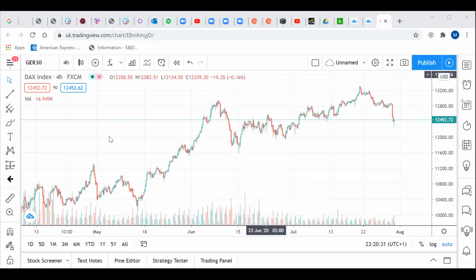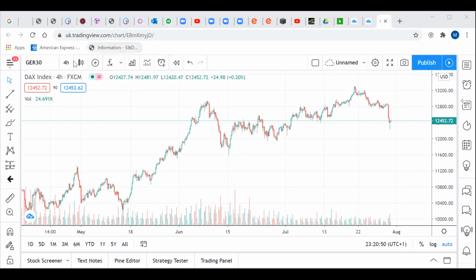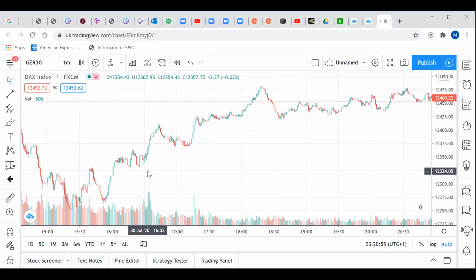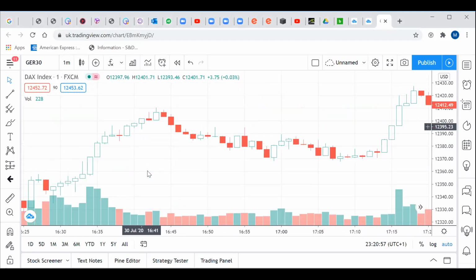Cool. So here we've got a chart, which is made up of candlesticks. Now, the candlestick is quite important. So I'm going to first walk through the different parts of a candlestick and then go into the support and resistance zones. Let me go into the 1 minute, right? Okay.